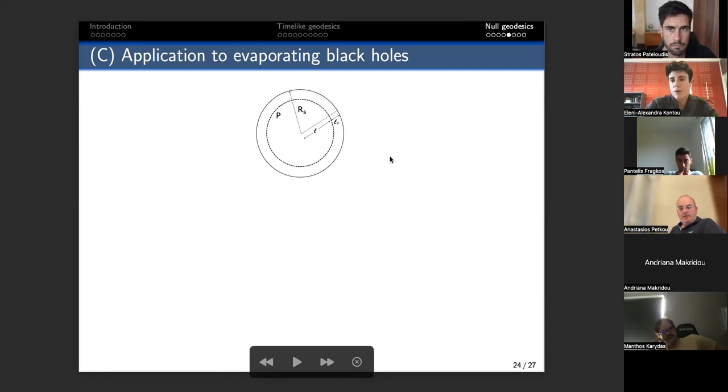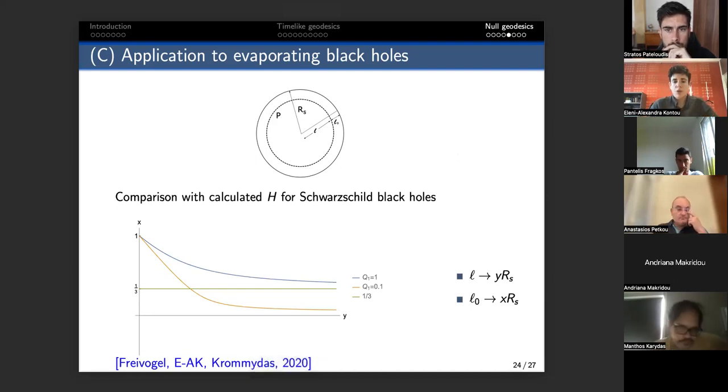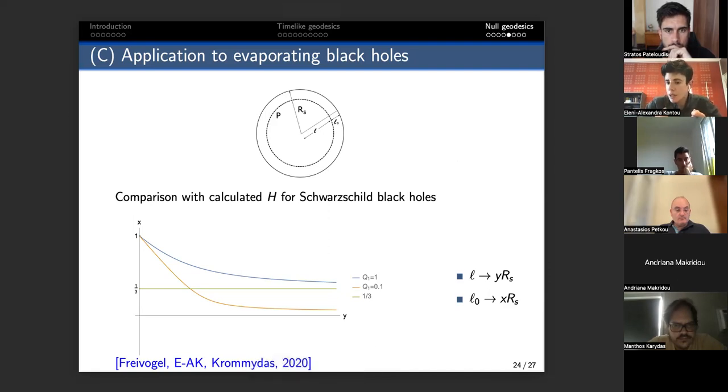where we have no knowledge where the singularity appears. And these were the results. So here, X is giving us the affine parameter where the NEC is violated, and Y is giving us the affine parameter for the formation of the singularity.